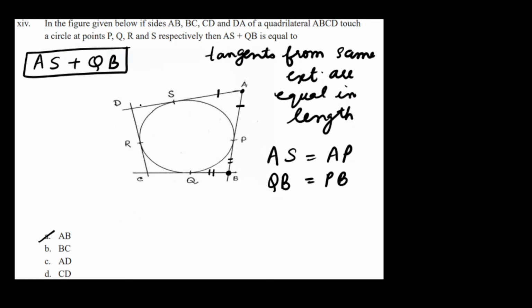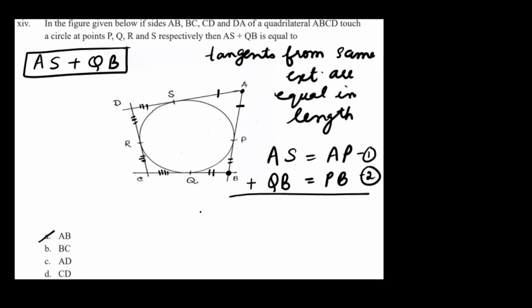Other ways also, DS is equal to DR and CR is equal to CQ using the same result. But we don't need these two because I have to find the value of AS and QB. So I am writing it in the form of two equations and adding these equations.